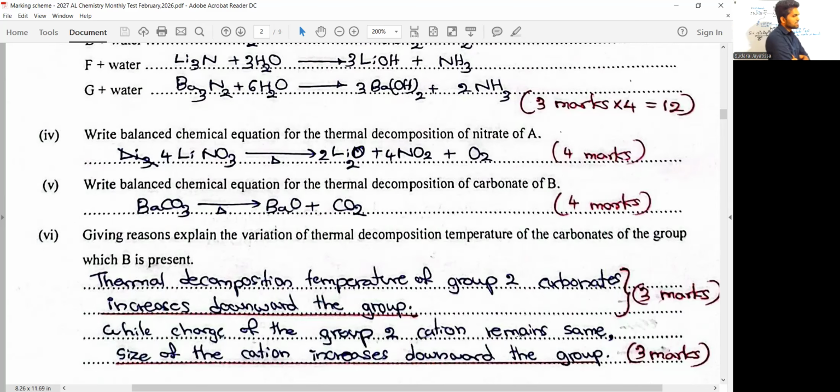All group 1 elements except lithium, their nitrates are thermally decomposing to give nitrite and oxygen. So if you take sodium nitrate, it will give you NaNO2 and O2. But lithium nitrate, group 2 nitrates, and other moderately reactive metal nitrates, they react in this way. They will give you the oxide, NO2 and O2.